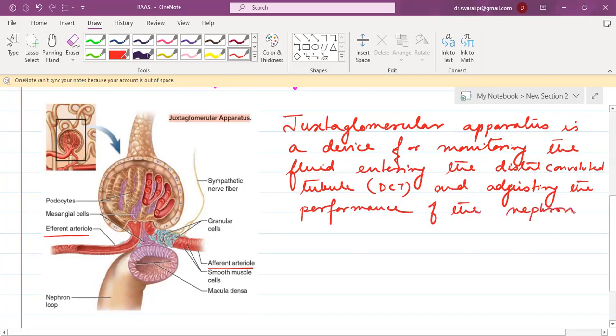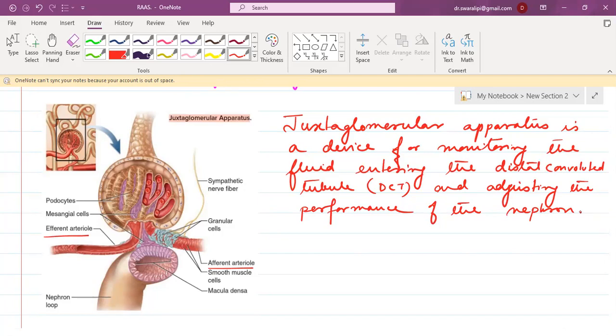Clear, children? So what we are seeing is that the juxtaglomerular apparatus is a device organized within the kidney, a fluid monitoring machinery, monitoring the fluid which is entering the distal convoluted tubule and adjusting the performance of the nephron.